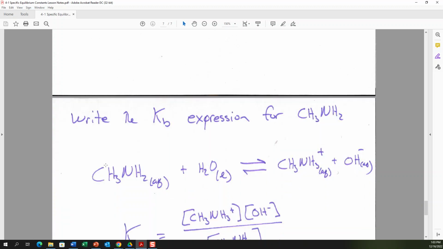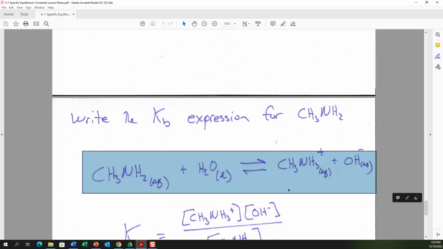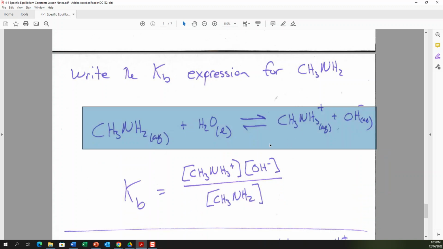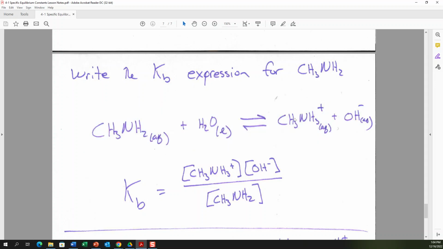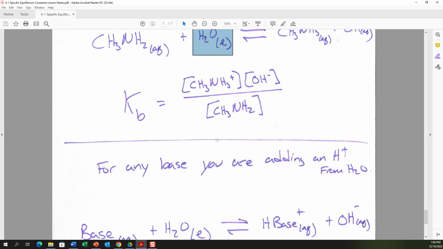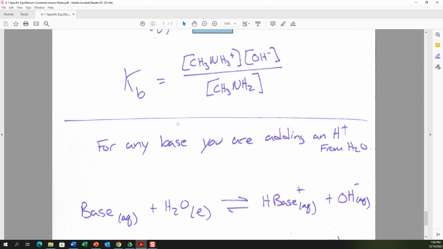So that's the equation that would describe this as a base. So the expression would be Kb equals this times this over that, and I'm not including the water.